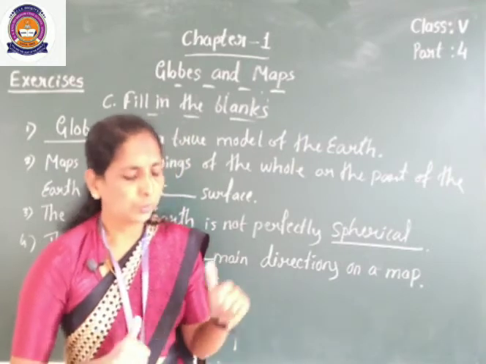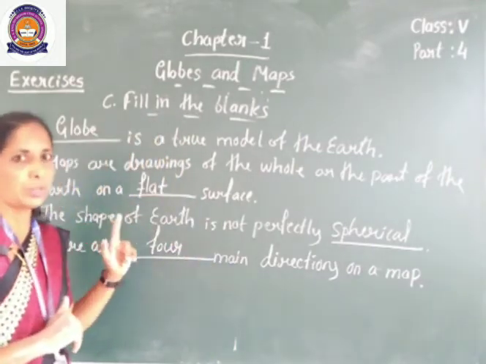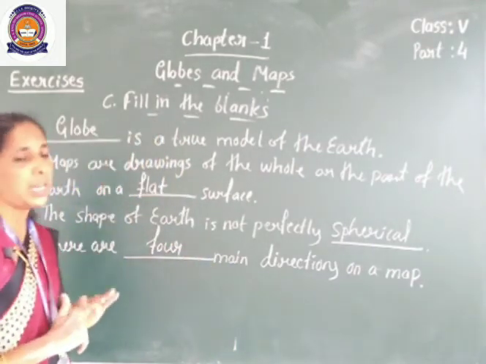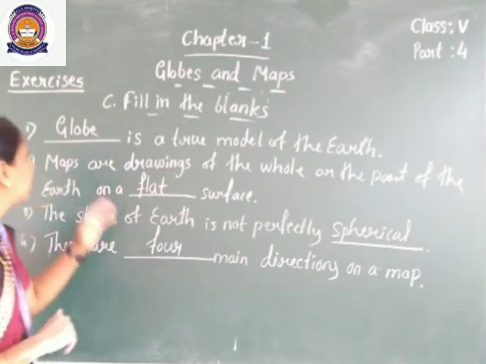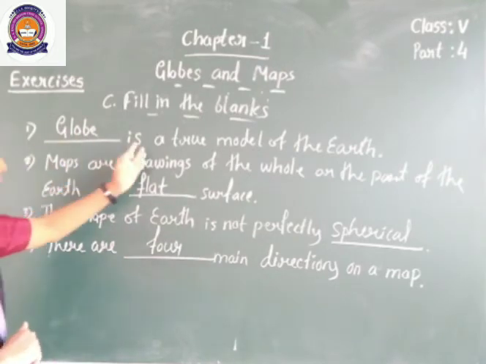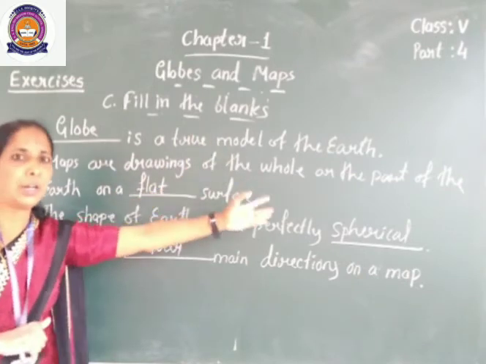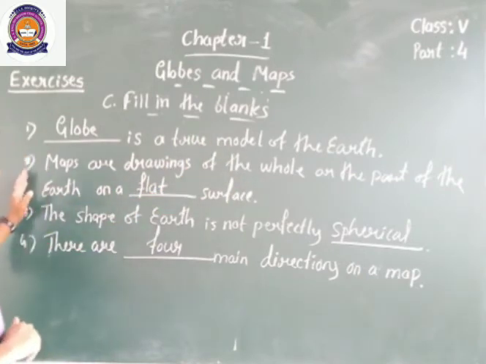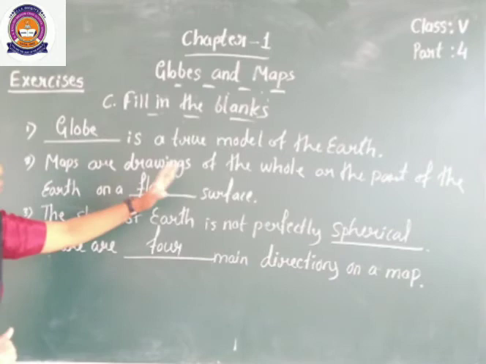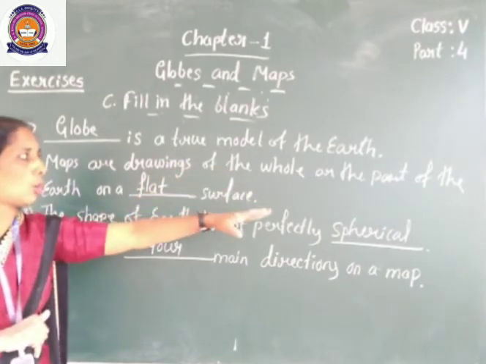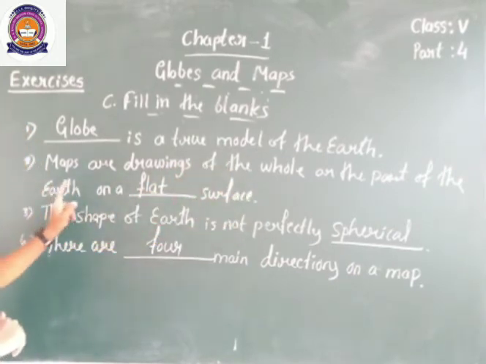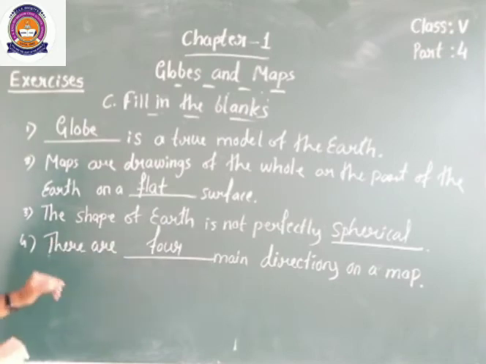So next, question number C means question number 3, that is the C part. Fill in the blanks. Globe is a true model of the earth. Question number 2, maps are drawings of the whole or the part of the earth on a flat surface.